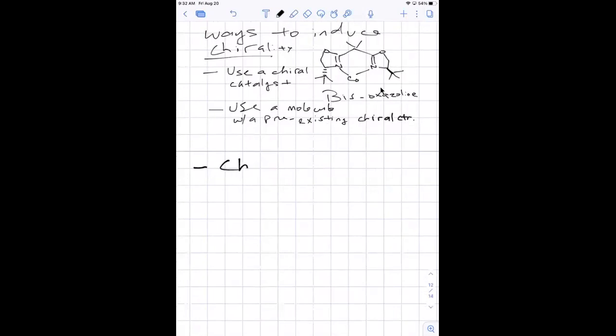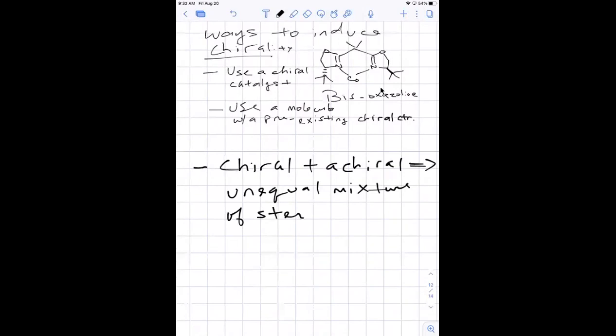So you react something. Anybody remember this from that video? Chiral plus achiral, you're going to get an unequal mixture of stereoisomers. And then if you take two achiral things and mix them together, what do you get?